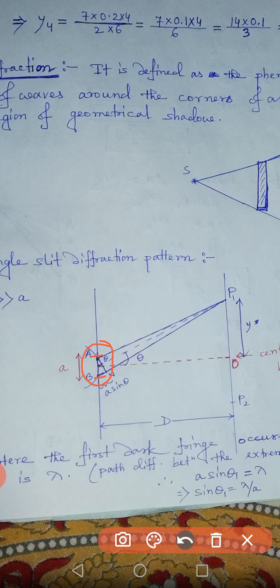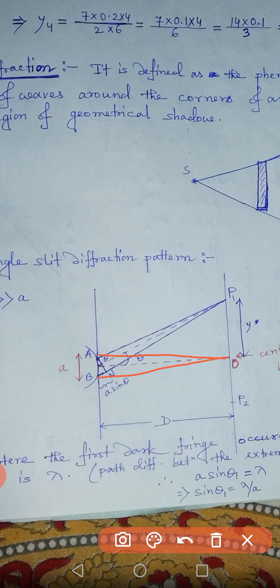Now suppose the extreme two waves, from A to O and from B to O, meet at O. Certainly they are traveling equal distances, so they will be in the same phase.